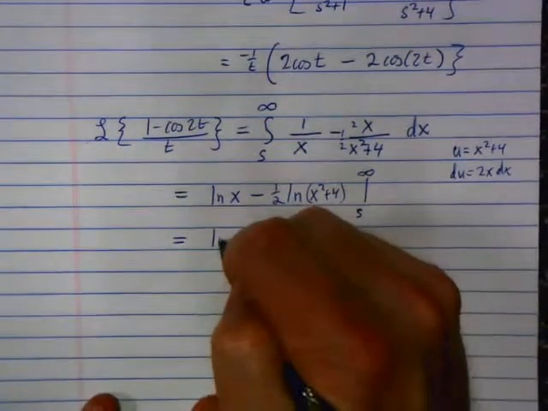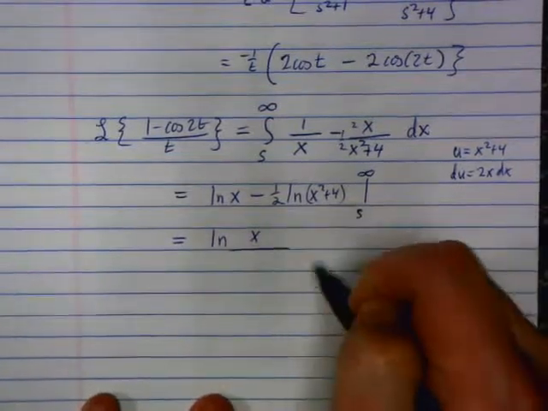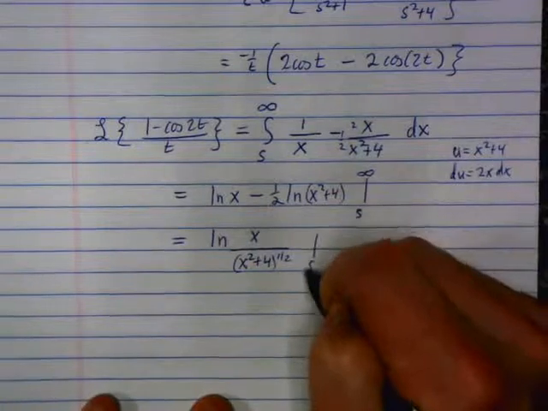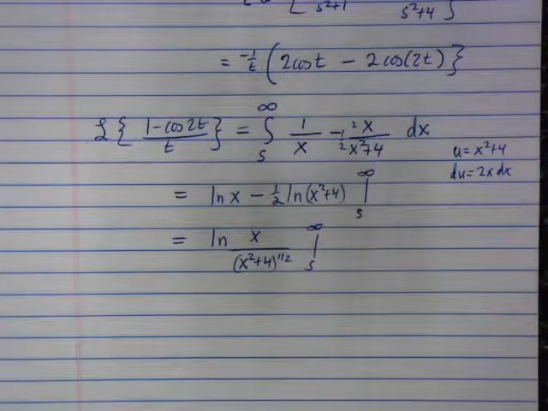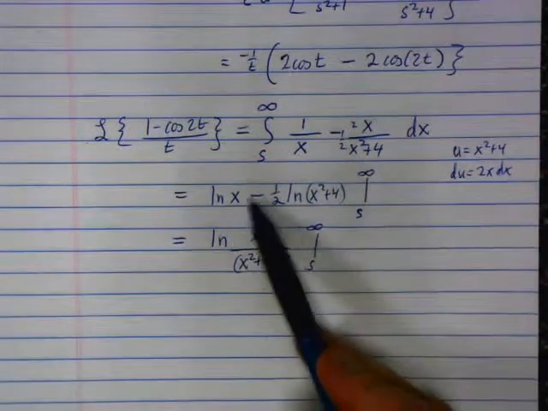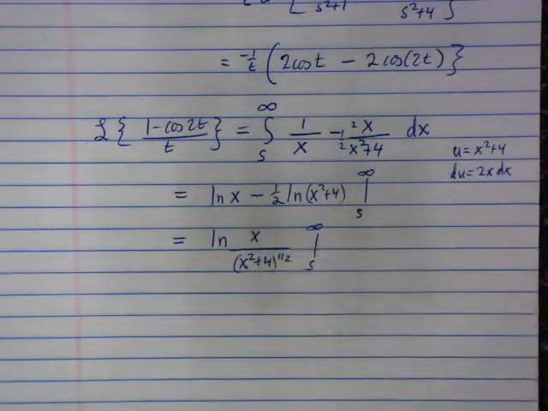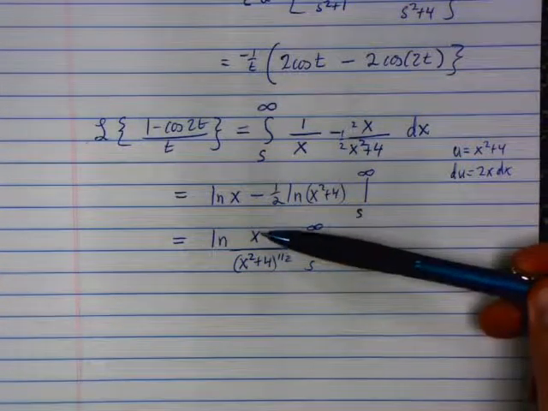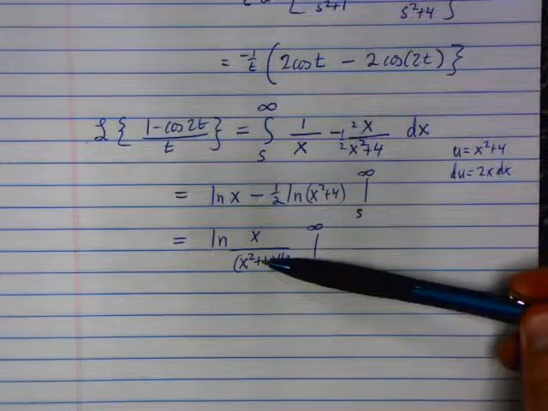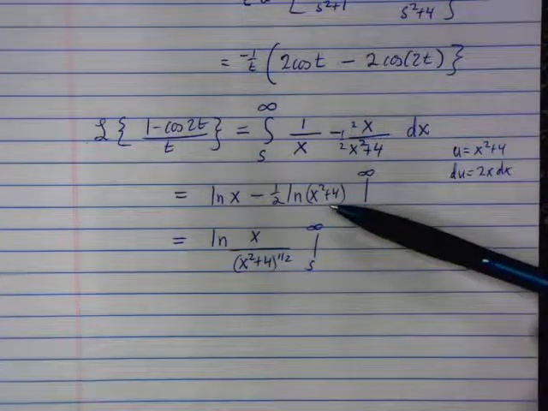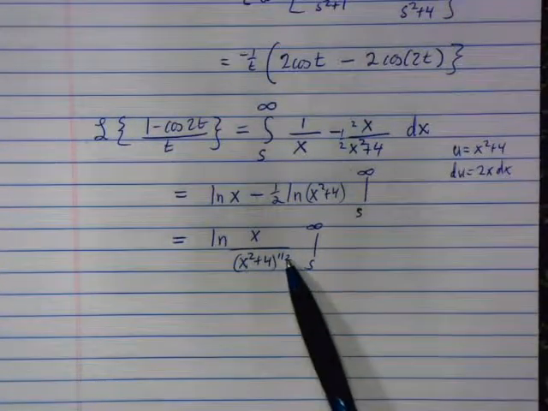I'm going to rewrite this as ln of x divided by x squared plus 4 to the 1/2. So again, I'm using my properties of exponents. This 1/2 goes in, it becomes a power. Logarithms take subtraction, turn it into division. Now what happens when x goes to infinity? Now I'm in the form infinity over infinity. I have an x squared, but I also have a square root.